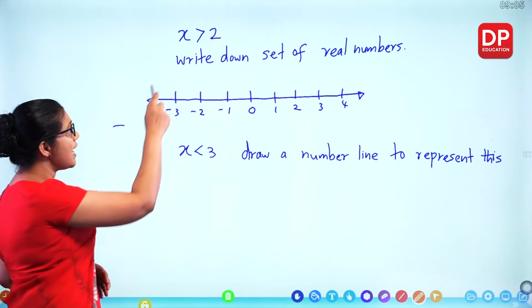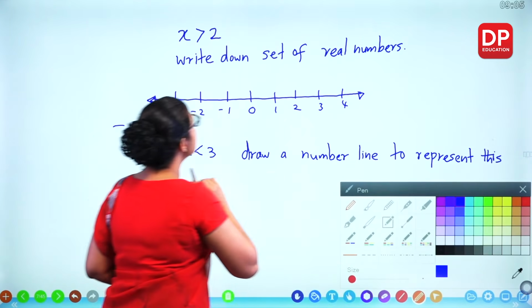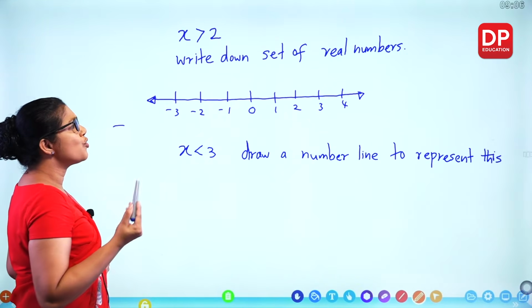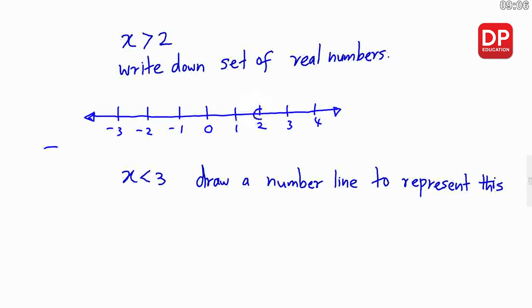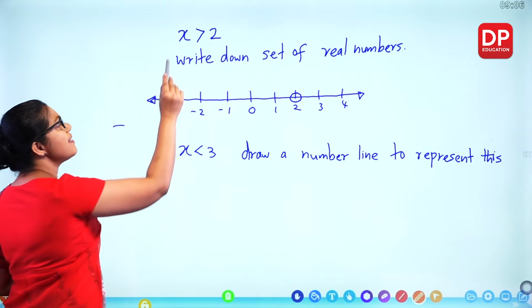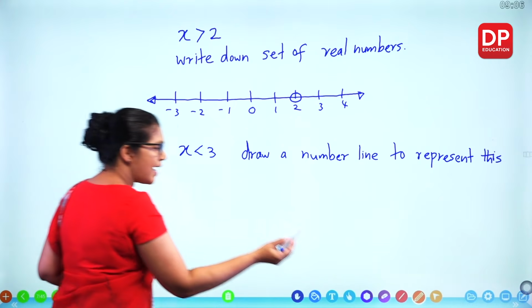So if you take this inequality, what are the real numbers? First we will mark this 2. 2 should be an open circle because 2 is not included. And this is x greater than 2. So which side is greater?